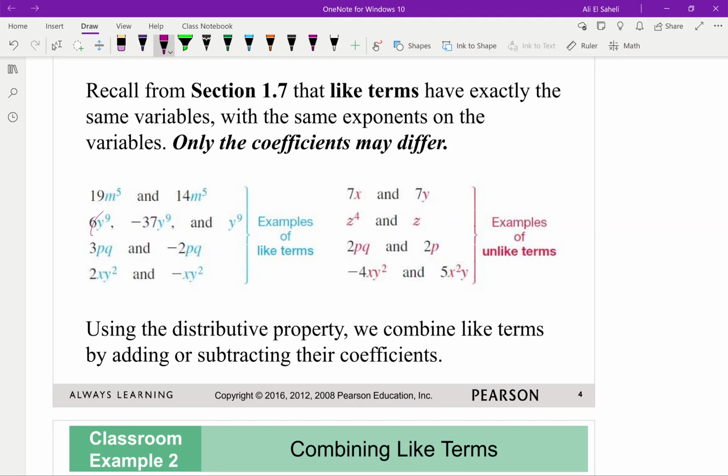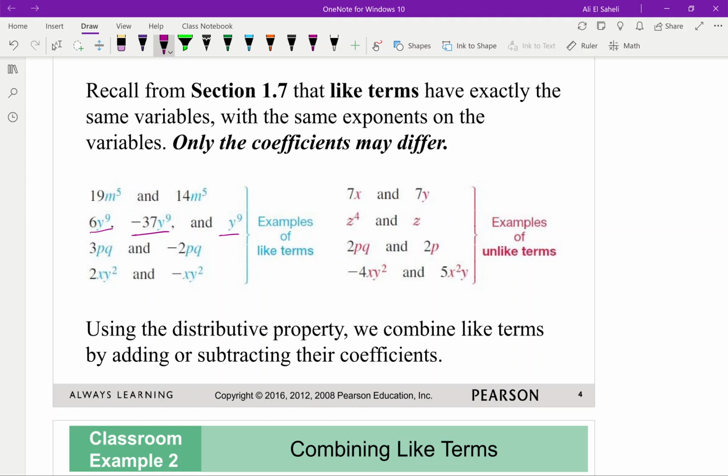Similarly, we have y to the power 9 and y to the power 9. So these are called like terms. So you can add 6y to the power 9 to minus 37 of y to the power 9, and you can add or subtract 1y to the power 9.